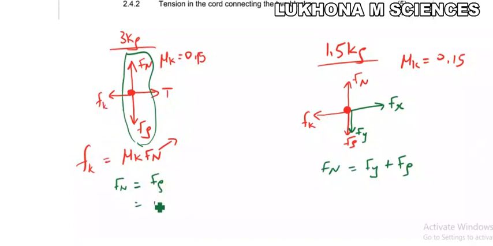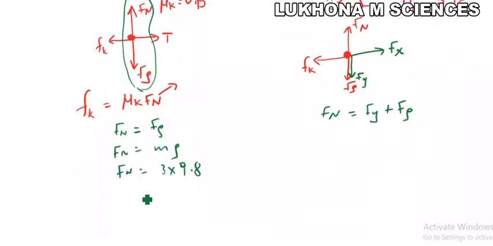The weight is calculated by mg, which means in this case the normal force is mg. So let's substitute: 3 times 9.8. Then we press the calculator. The answer is 29.4 newtons.